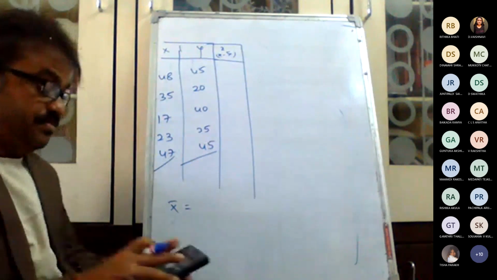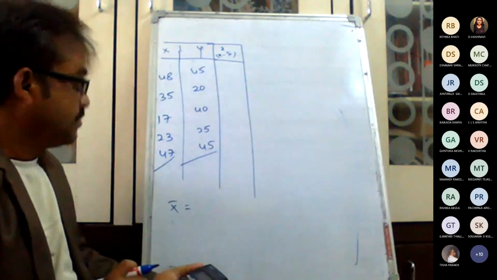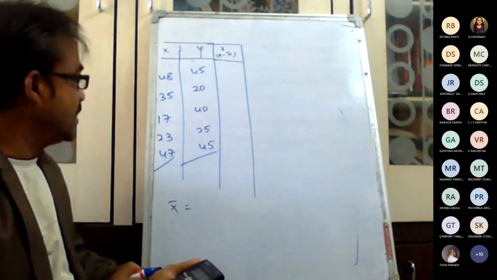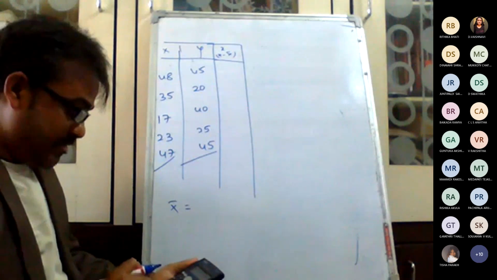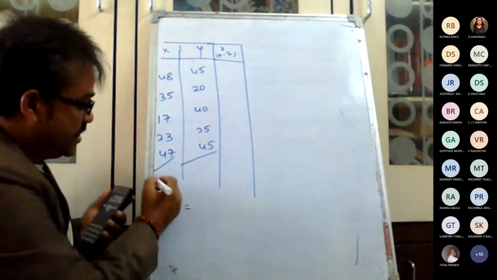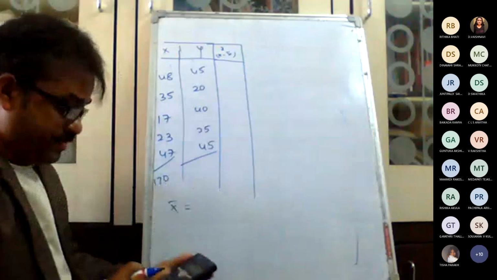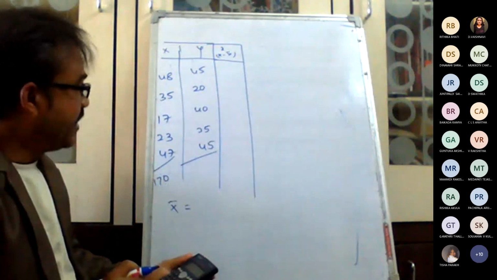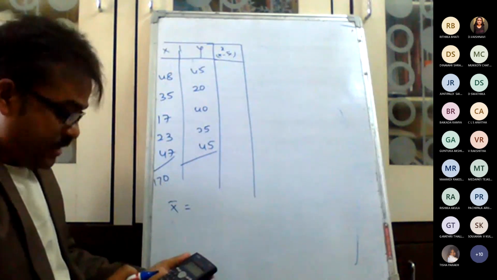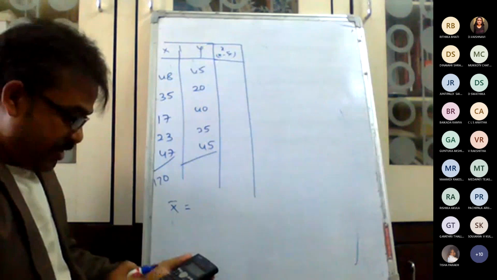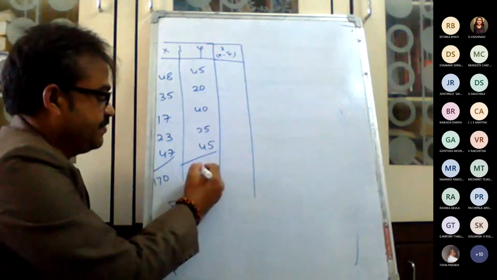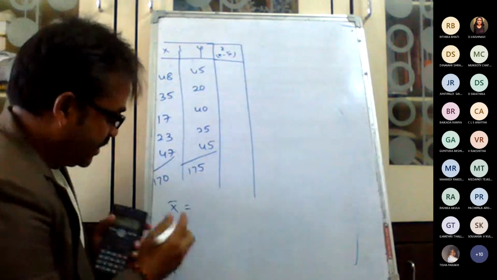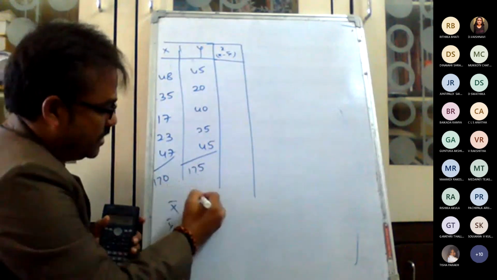What is the sum? 48 plus 35 plus 17 plus 23 plus 47 is 170. Next one, 45 plus 20 plus 40 plus 25 plus 45 is 175. Okay, x bar, y bar.